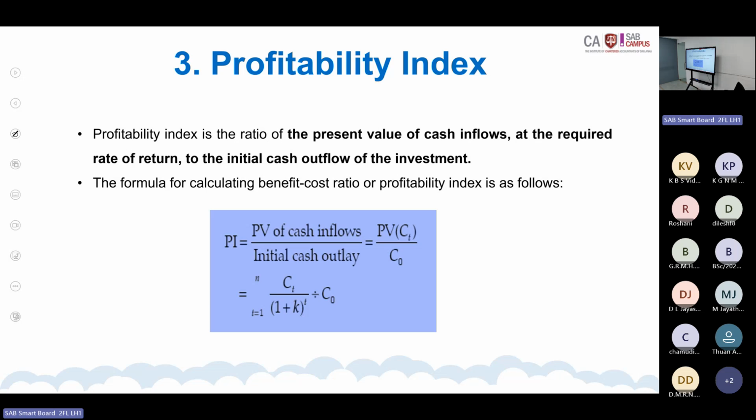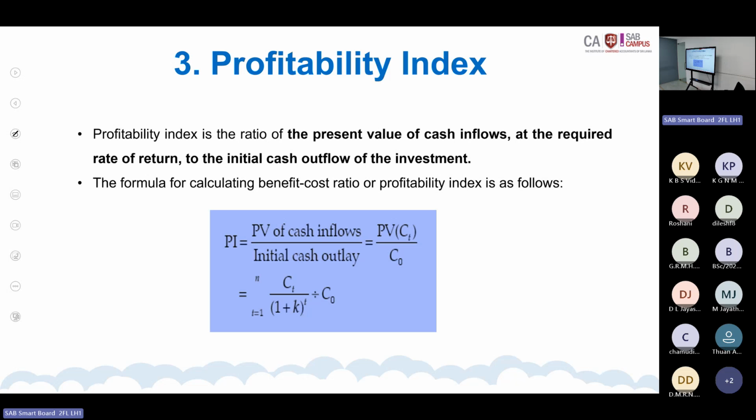Present value has already been calculated in the NPV. In the NPV calculation we took the initial cash flow as negative; here we divide PV by the initial cash flows and express it as an index. Clear? Right, okay.